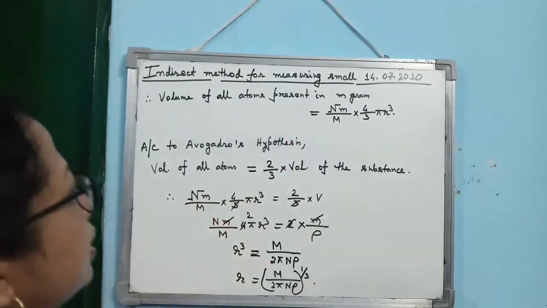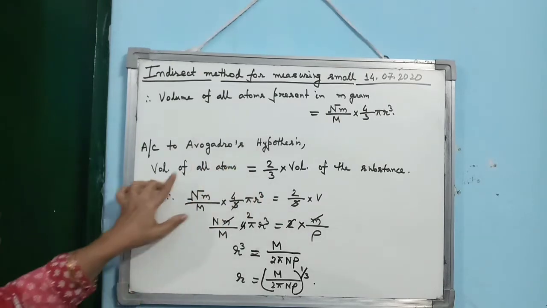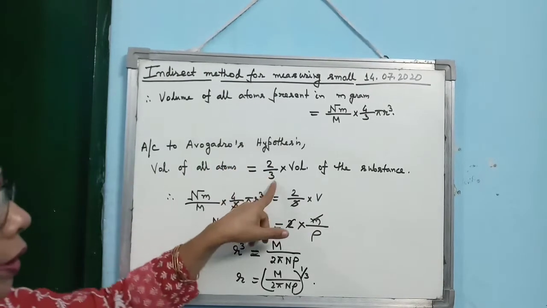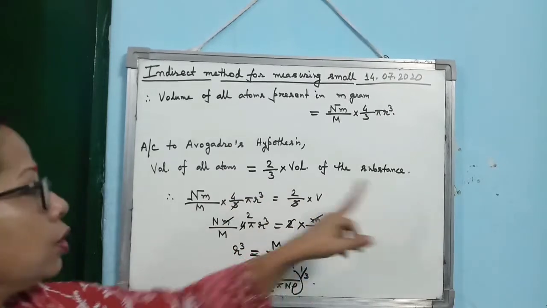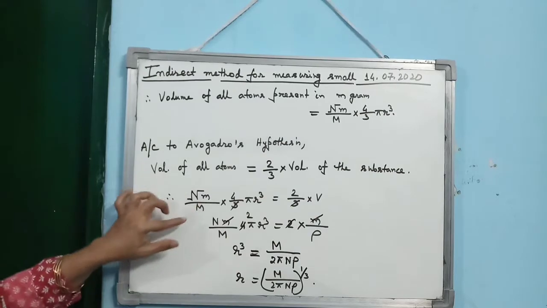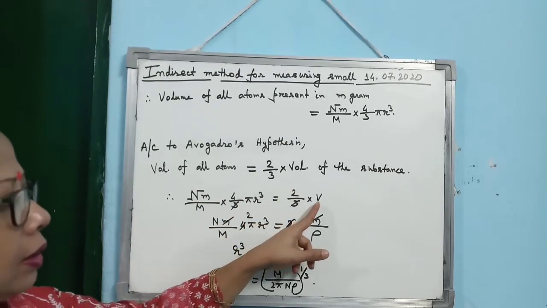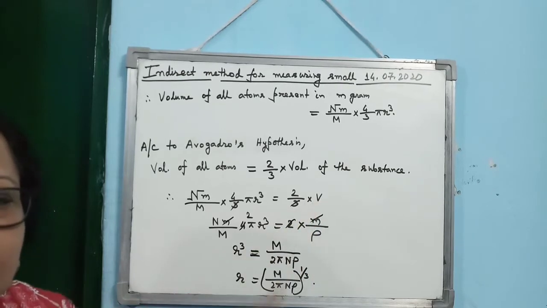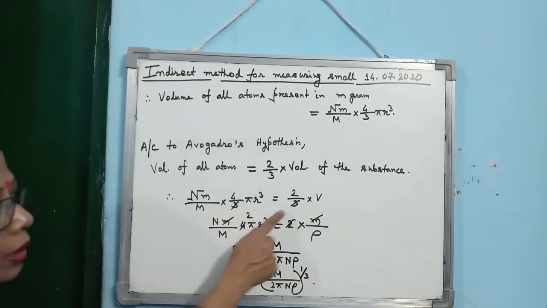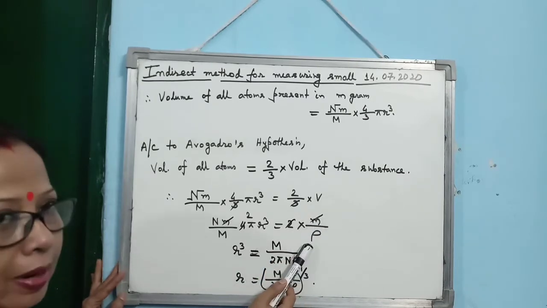Is that clear? Now if you apply the Avogadro hypothesis, the volume of all atoms is 2/3 the volume of the substance. So the volume of atoms, Nm by M into 4/3 pi r cube, is equal to 2 by 3 into V, where V is the volume of the substance. So 3 you can cancel. Then volume you can write as mass by density.